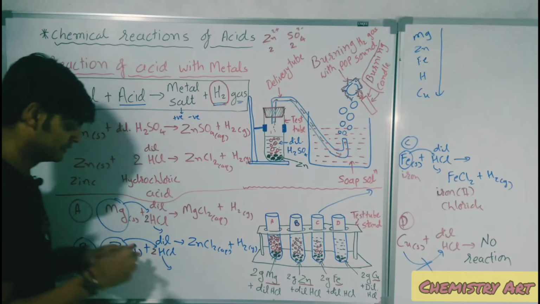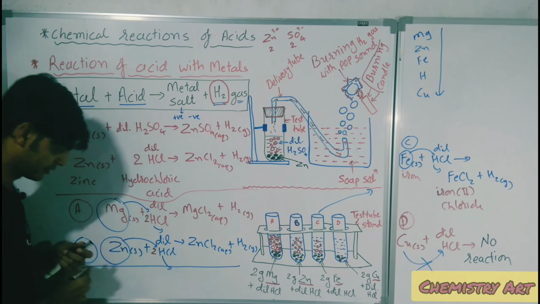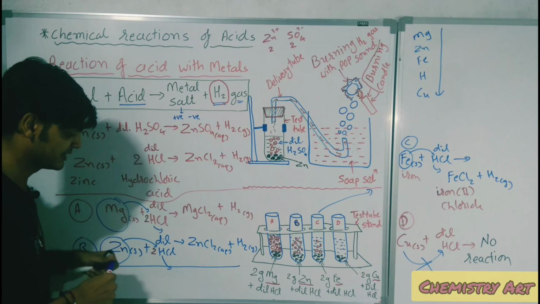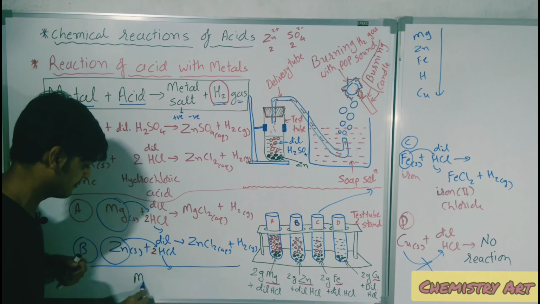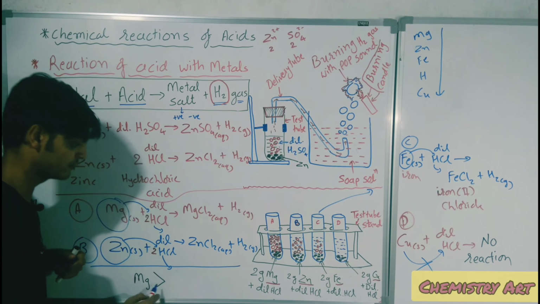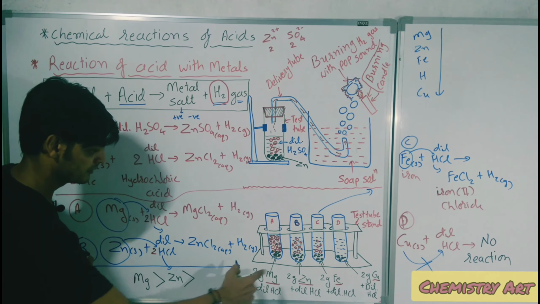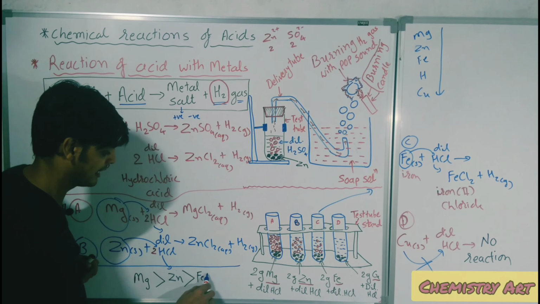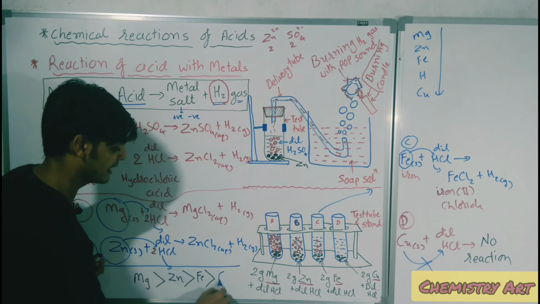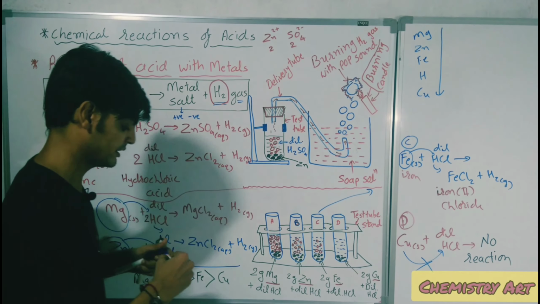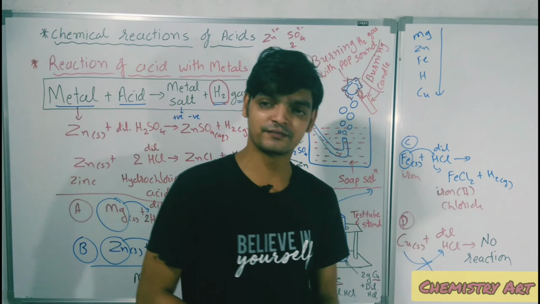Let me write here the order of reactivity of the different metals. Magnesium is more reactive than zinc, zinc is more reactive than iron, and iron is more reactive than copper.